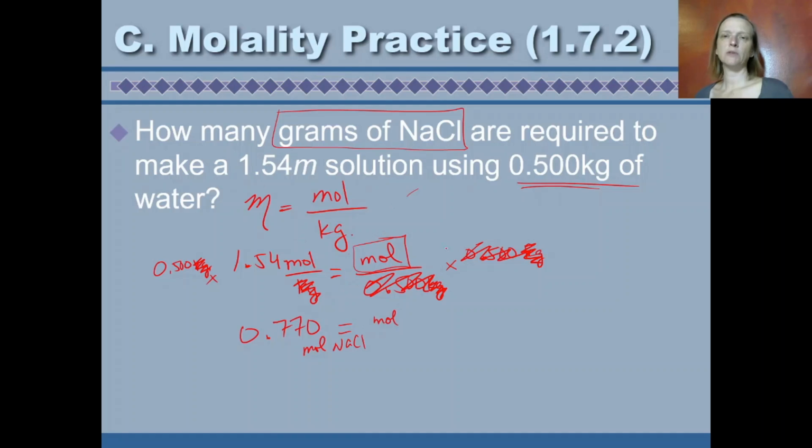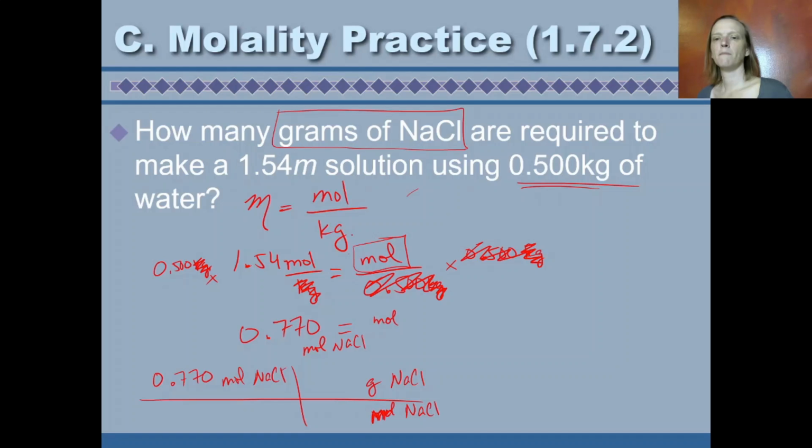And now I'm going to use that number to figure out how many grams of sodium chloride. So if I have 0.770 moles of sodium chloride, I want to get rid of moles and convert to grams. One mole is the same as 58.44 grams.